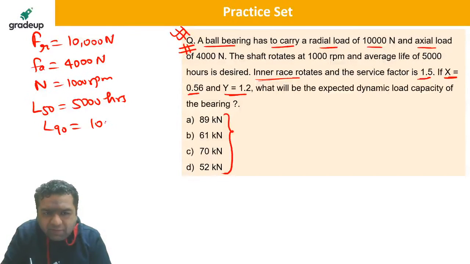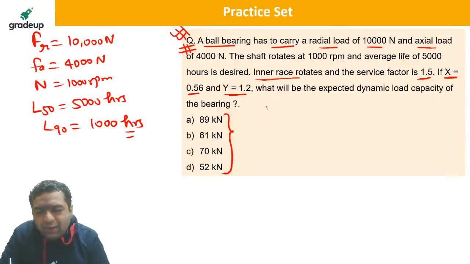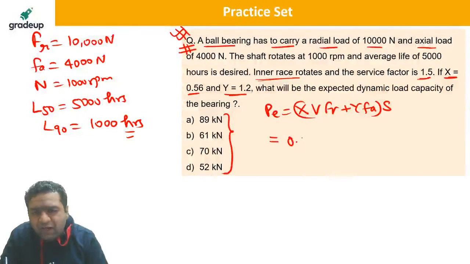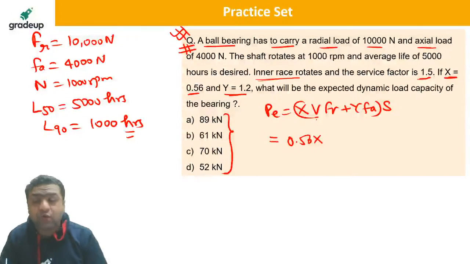Fine. So guys, first of all, you will find L90. It will come out to be 1000 hours, just as we saw in the previous question. Now you know that equivalent load is X V FR plus Y times FA, into service factor S. So X is 0.56. V is the race rotation factor.